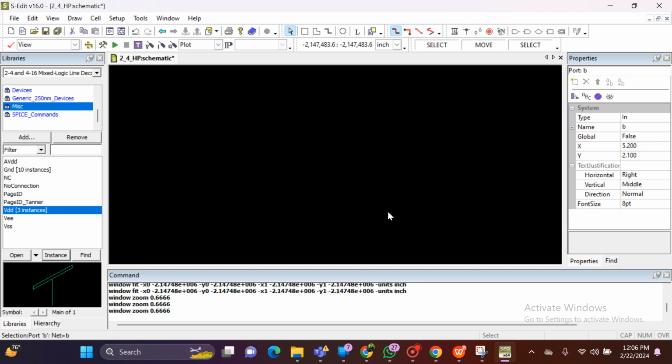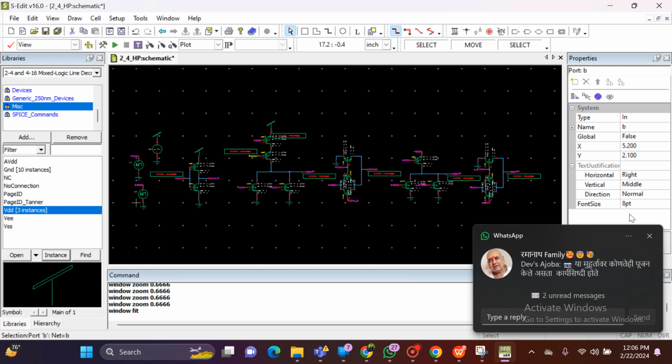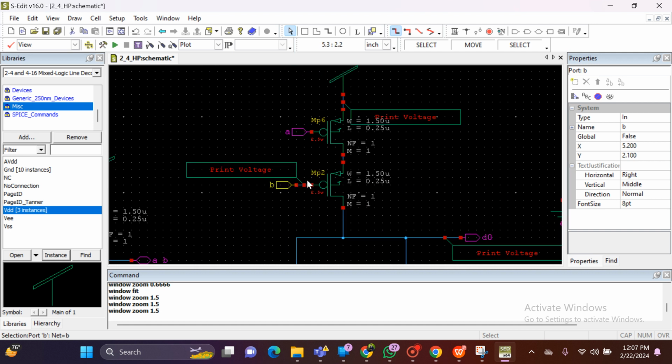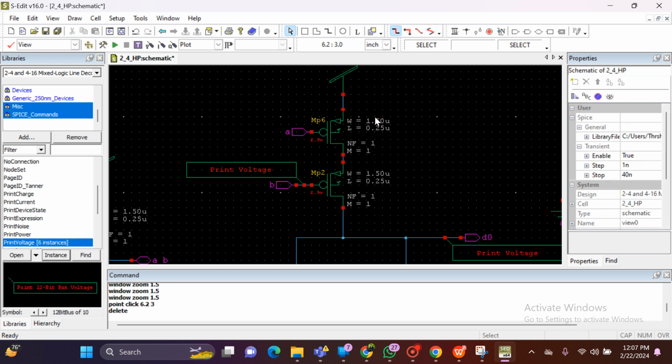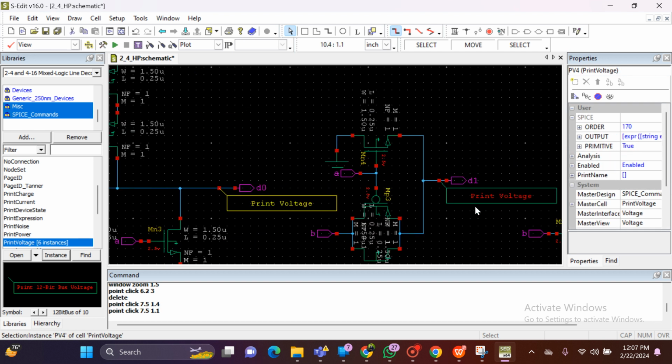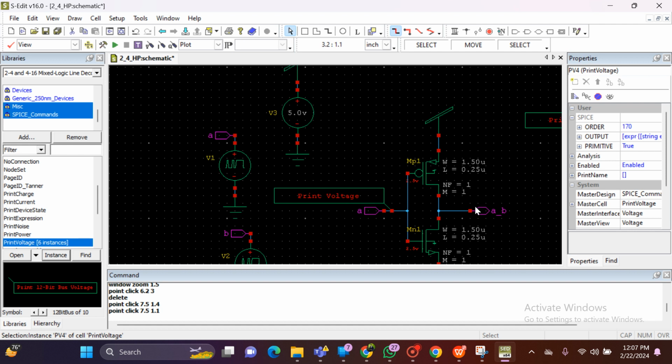And where there is an output, let us see the function print voltage. Now we need those outputs in the form of waveforms, so we need to have print voltage. This is the output, and this is the print voltage I have given here. For the inputs also we will give the print voltage. A is the input, so we will give print voltage.